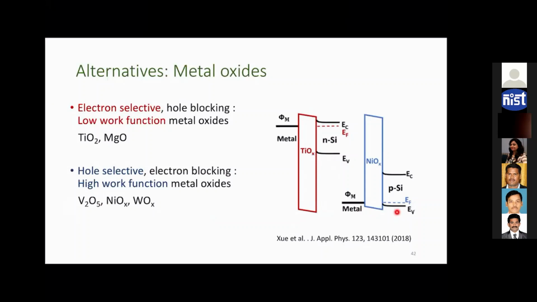So the hole that is now traveling from this p-type crystalline silicon to the metal sees a very small potential barrier. But the electrons that want to travel in this direction see a huge conduction band offset, right? So it is almost impossible for an electron to overcome this barrier unless it tunnels through this layer.